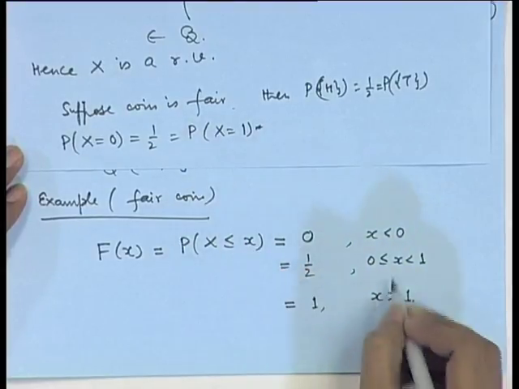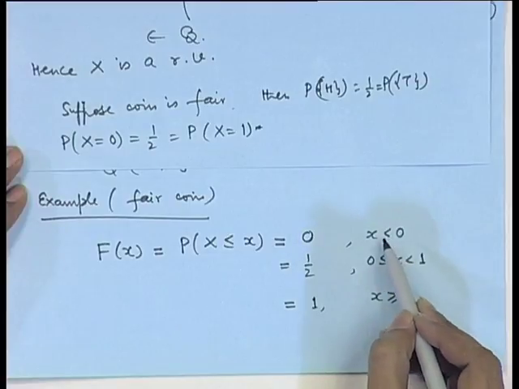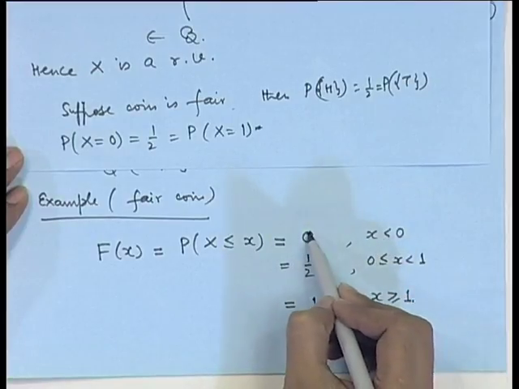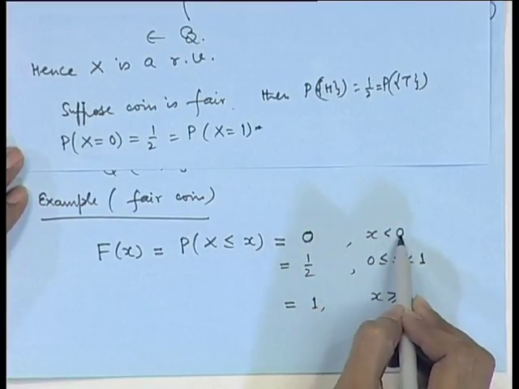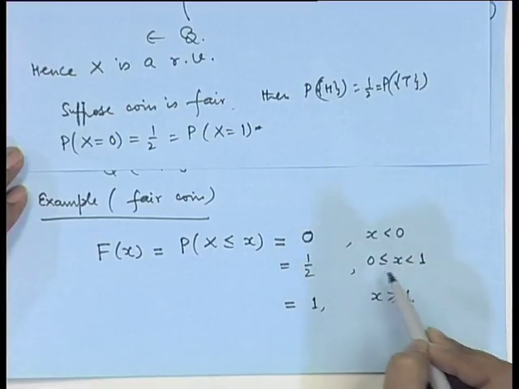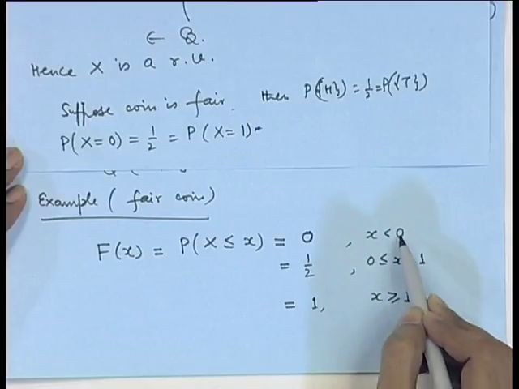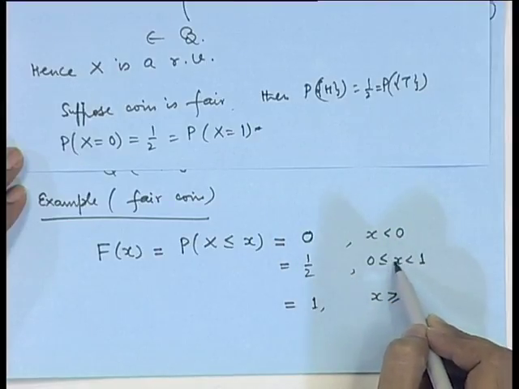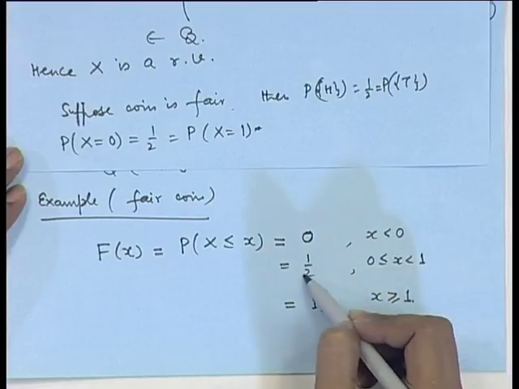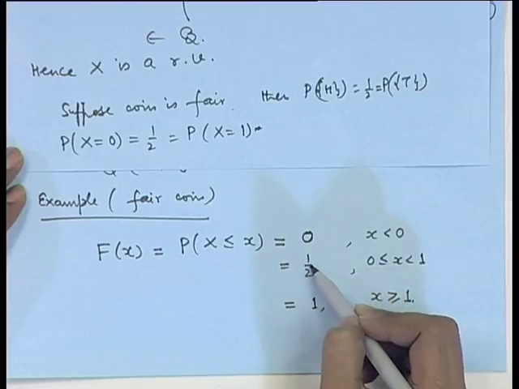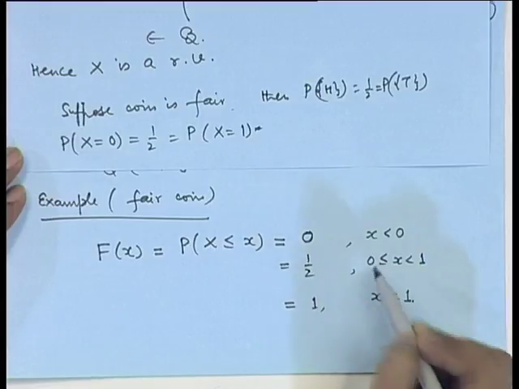So, you can see here this function is continuous on the interval minus infinity to 0, the open interval 0 to 1, and the open interval 1 to infinity. If we look at the change points, at x equal to 0, the right hand limit is half, and the value at x equal to 0 is half. So, it is continuous from right at 0.